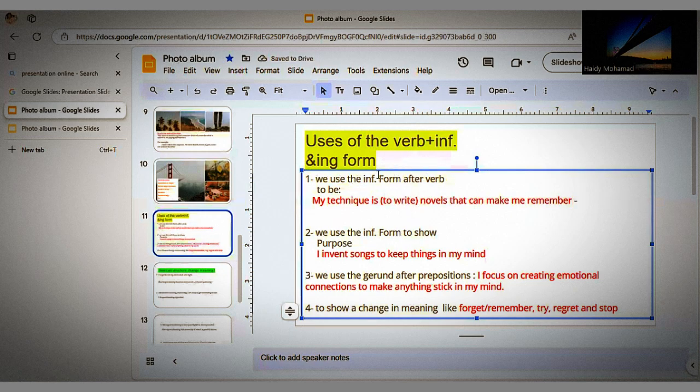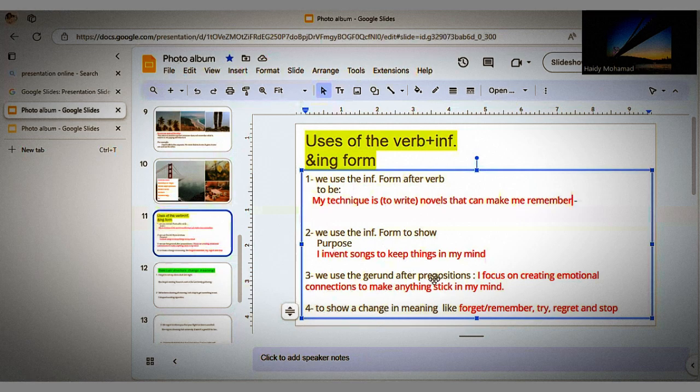As you see here, we have the verb to be. This is the first usage. The second usage is to show a purpose. For example, I invent songs to keep things in my mind.